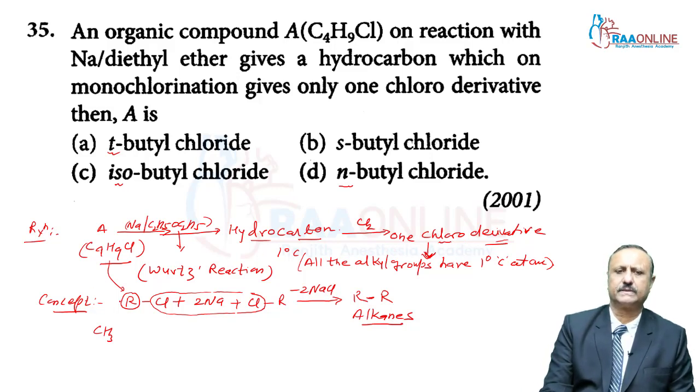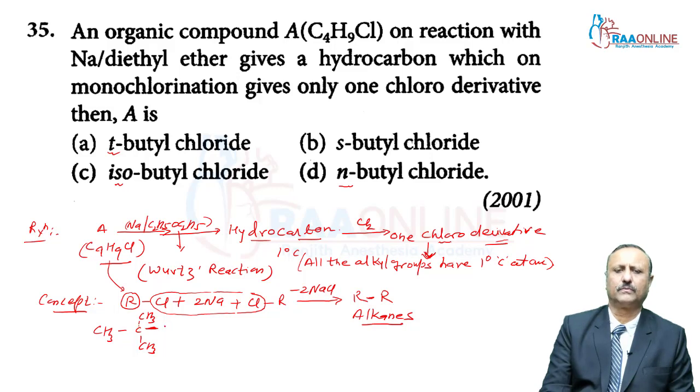So my dear students, when this alkyl group has CH3 here, you can write primary carbon atom. You can write CH3, and 1, 2, 3, 4, because a 4 carbon alkyl group is present.